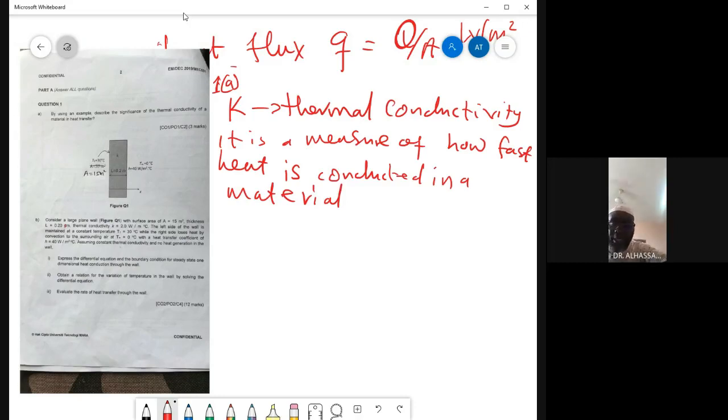Okay, so as an example, a material is a good conductor or poor conductor. And again, the question is, by using an example, describe the significance of thermal conductivity.